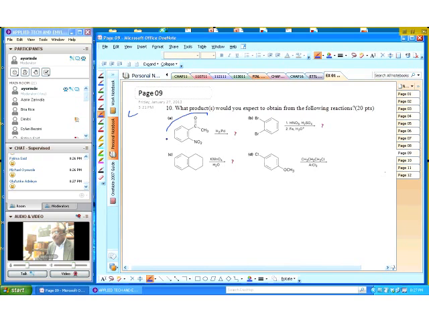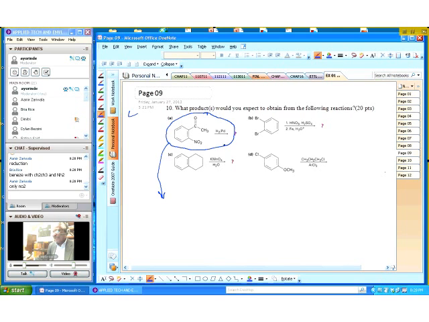Let's start with this. What product do we expect here? What is happening here? Reduction. Reduction of what? Very good. You have the benzene with... excellent.